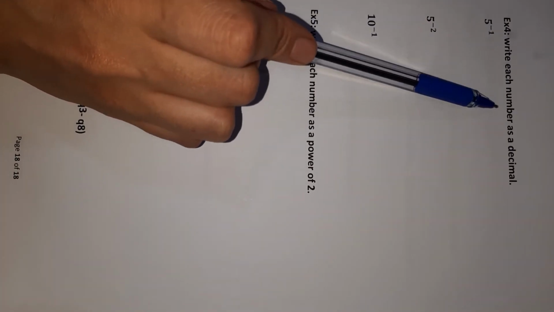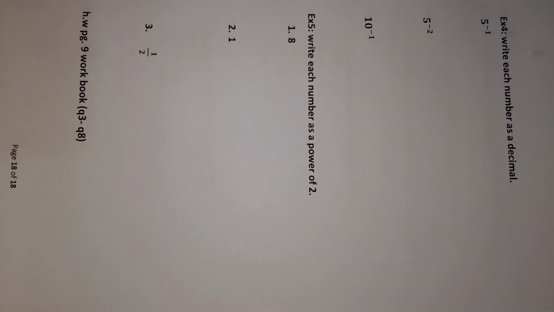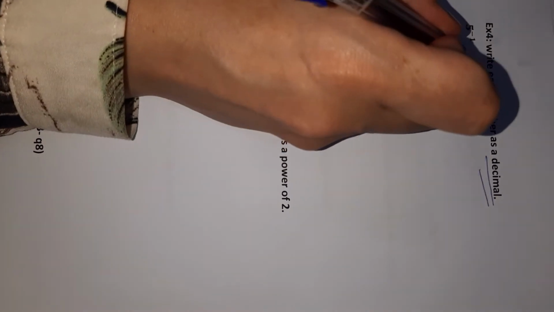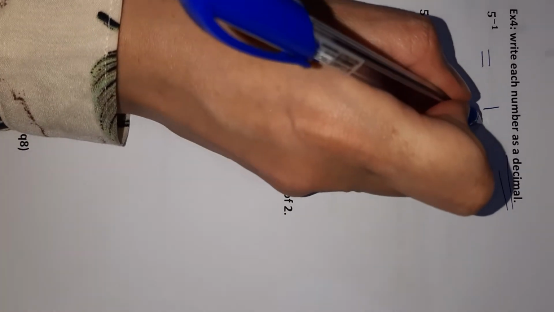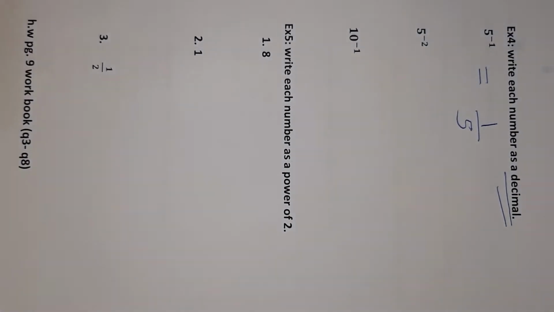Write each number as a decimal. This is the fourth exercise. Now 5 to the power of negative 1 means 1 out of 5.